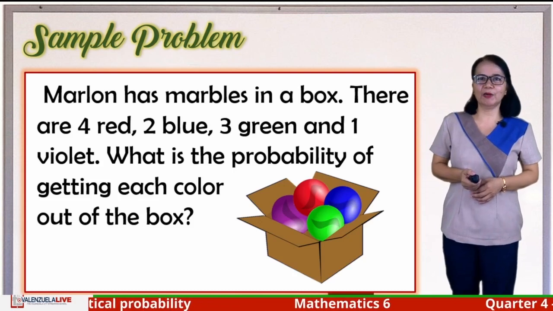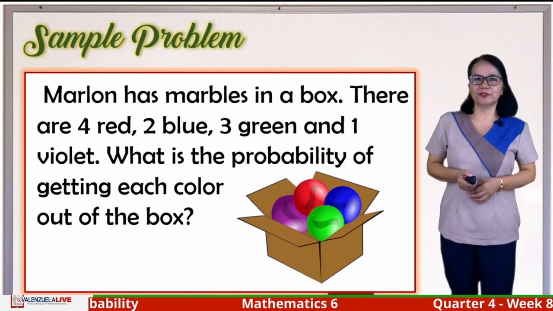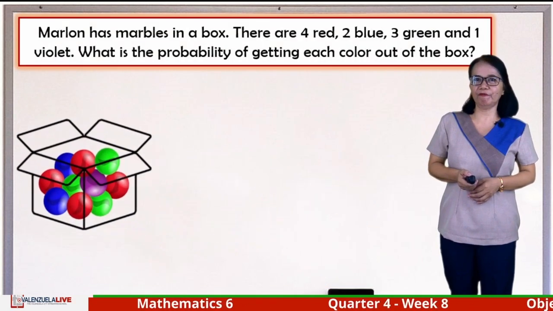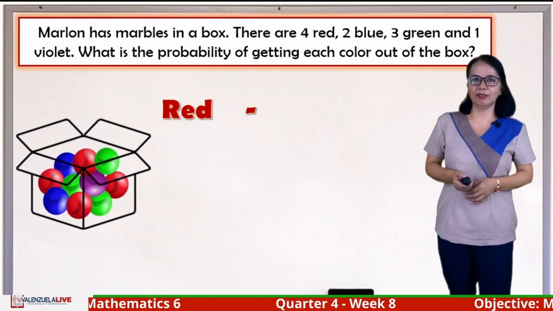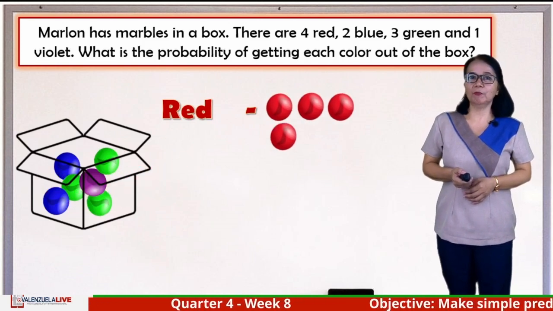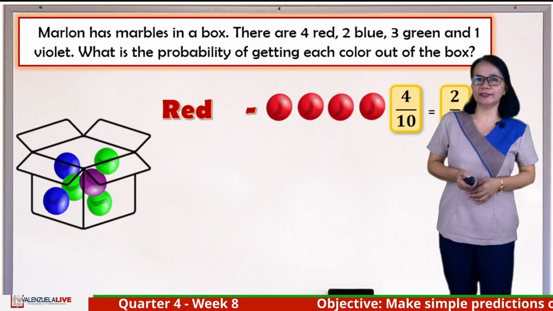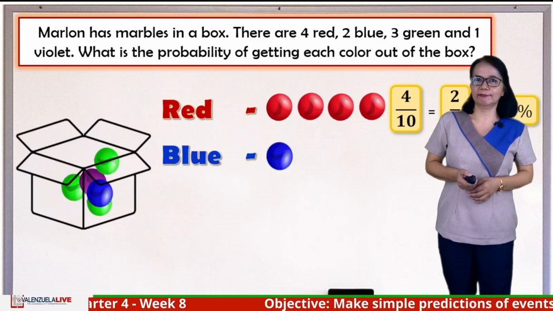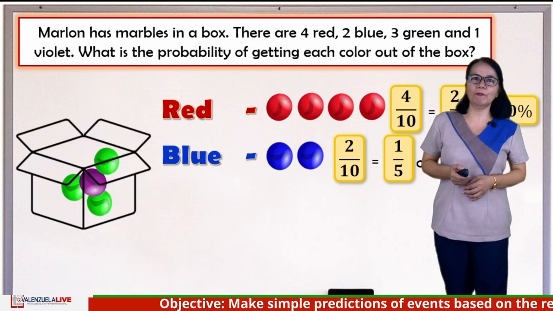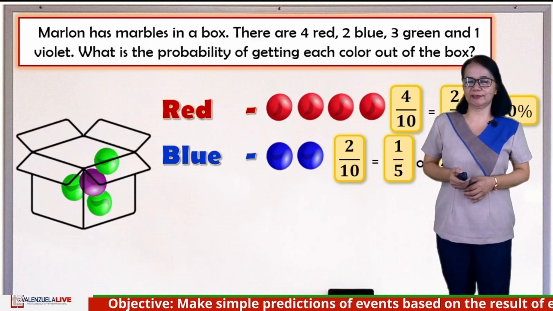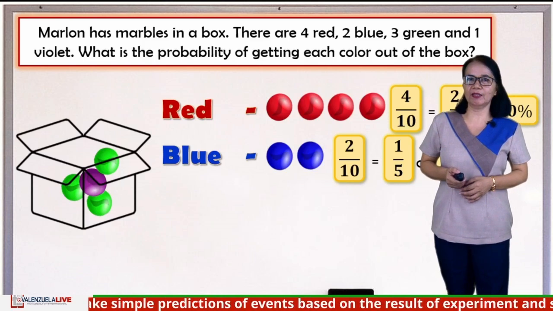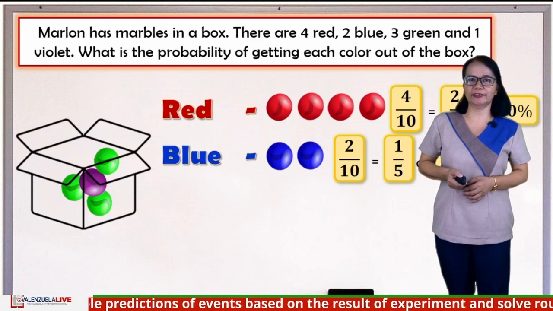Since there are 10 marbles in the box, the chance of getting red marbles is 4/10 or 2/5, 4 out of 10, or 40%. How about the blue marbles? What is the probability? Correct. The probability of getting blue marbles is 2/10 or 1/5, which is 2 out of 10, or equal to 20%.